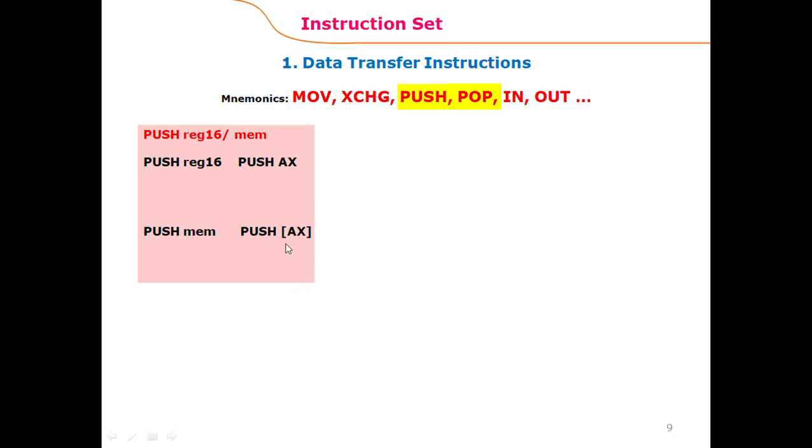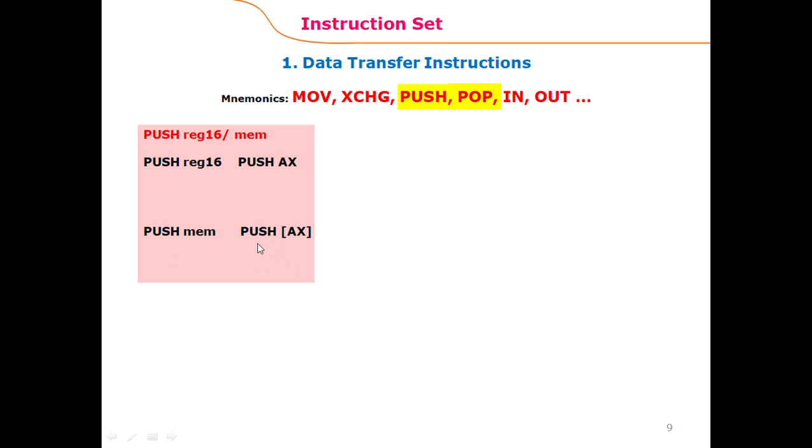So what happens here is that the X register now holds a 16-bit offset address, and this offset address is the address of the memory location in the data segment. First, the location inside the data segment is accessed using this offset address, and then a 16-bit value is moved from that memory location over to the top of stack.